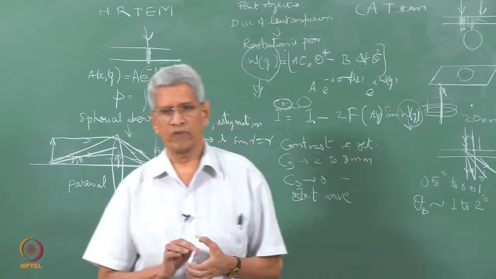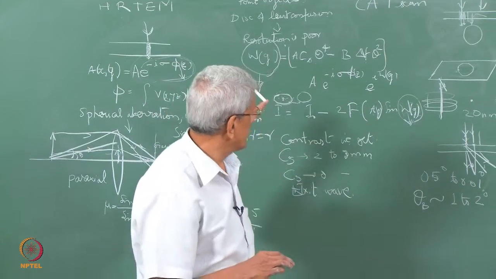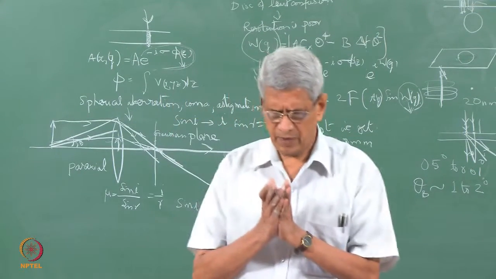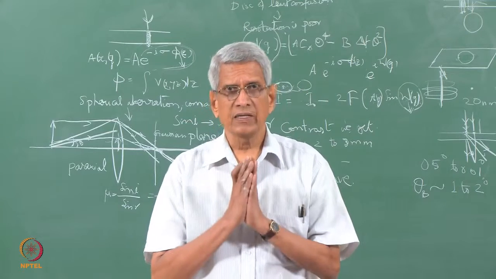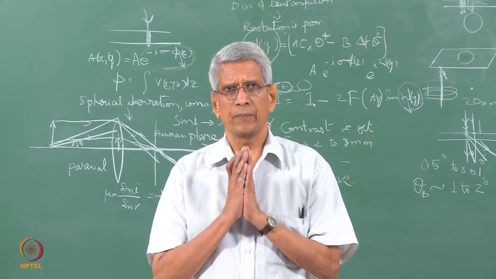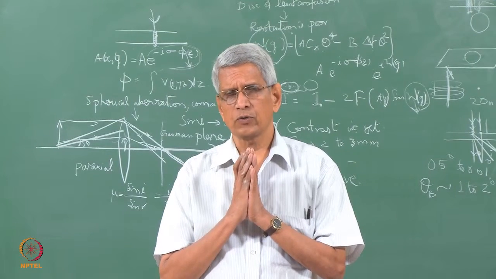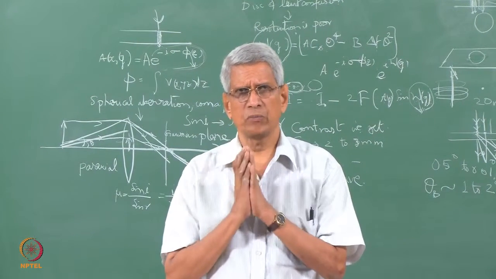Another important technique which has come is what is called electron holography. As in this class I started with talking about high resolution microscopy, I said that using high resolution microscopy we can find out the distribution of atom positions.